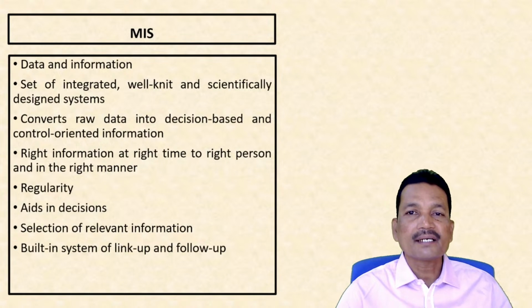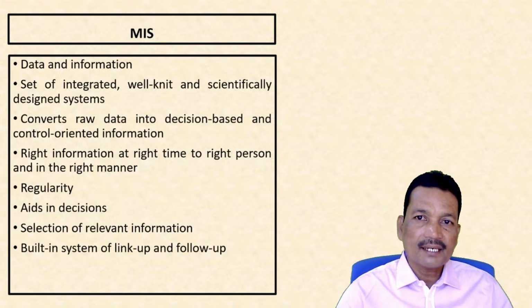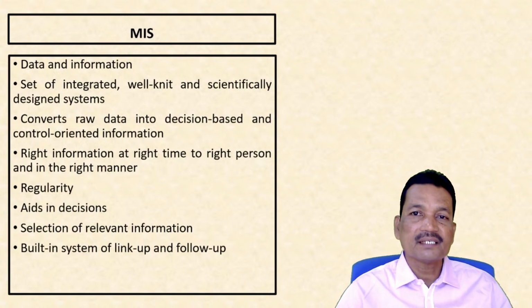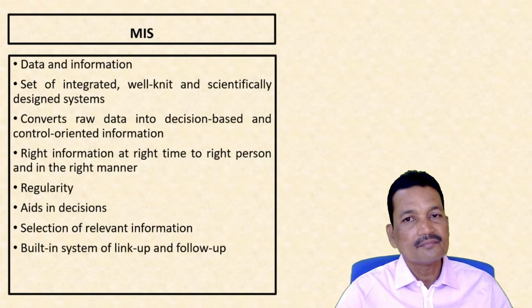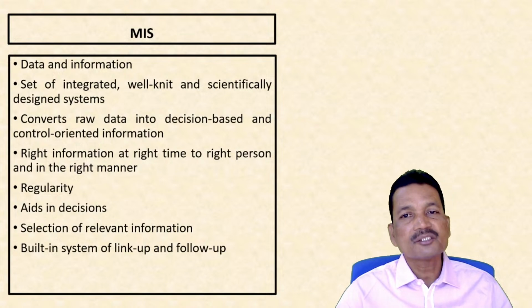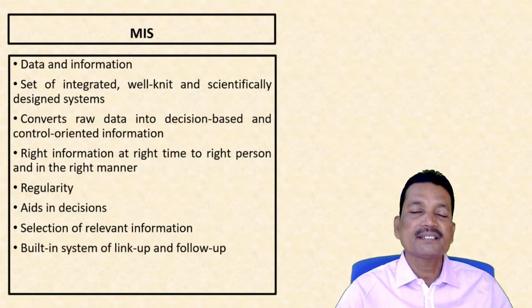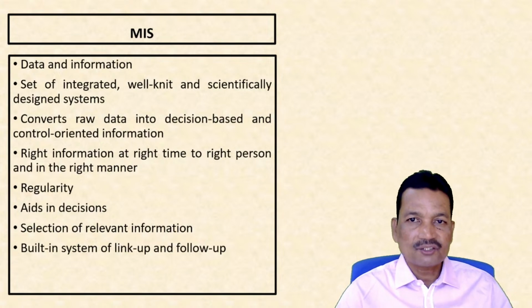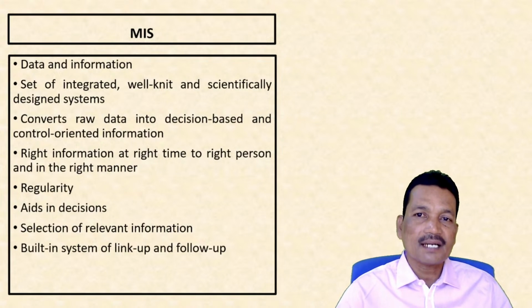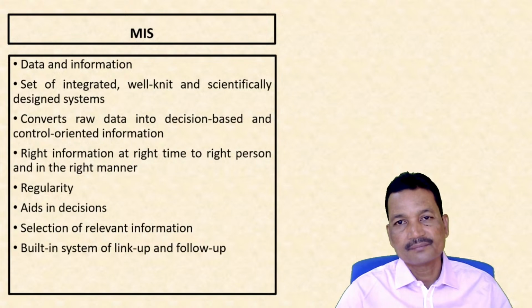I'll be looking at all kinds of data and trying to separate only the units or the volume of sales that occurred in the last 3 months. That becomes the information for my decision making, whether my last 3 months sales were better as compared to the previous year's.